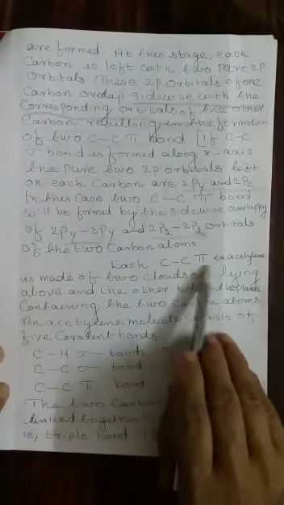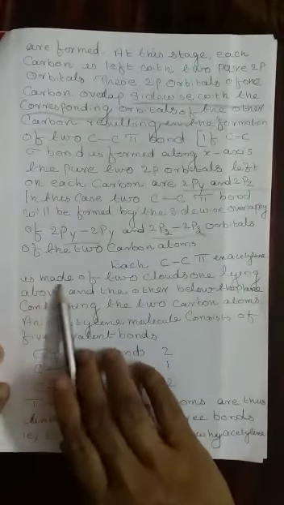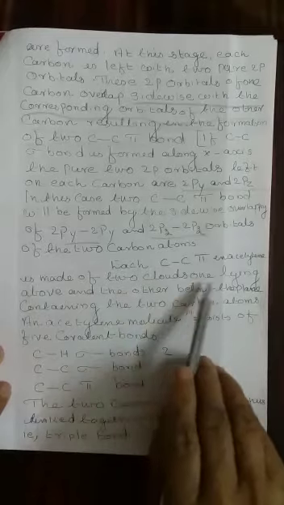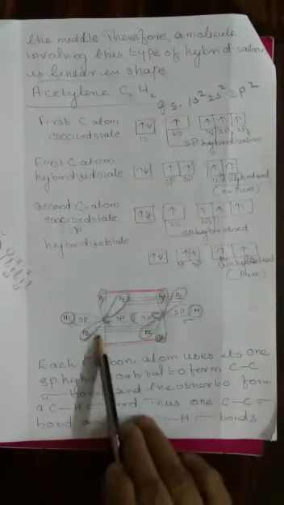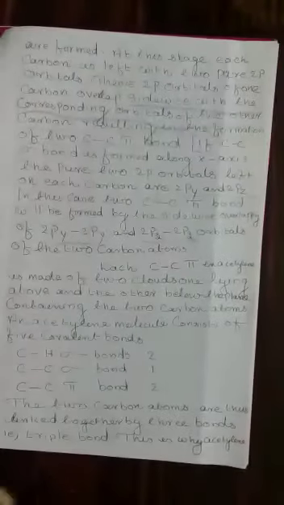Each carbon-carbon pi bond in acetylene is made up of two clouds, one lying above and the other below the plane. Because of the dumbbell shape, on the top there is a cloud and at the bottom there is another cloud, but the bond is only one pi bond.